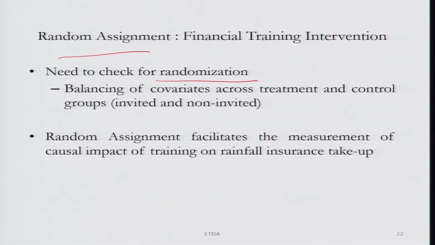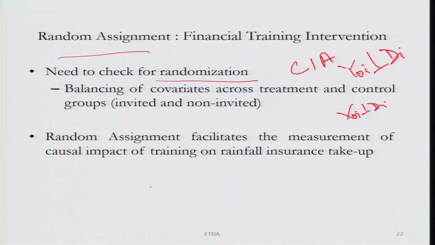As I said, this is the CIA assumption, the conditional independence assumption, that Y0i is independent of Di, and given that we do not have Y0i, we would be checking X0i independent of Di. What this means, in other words, is that the expected X0i should be the same given Di equal to 1 and Di equal to 0.